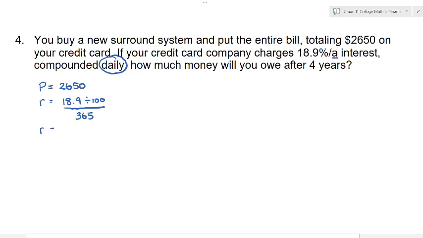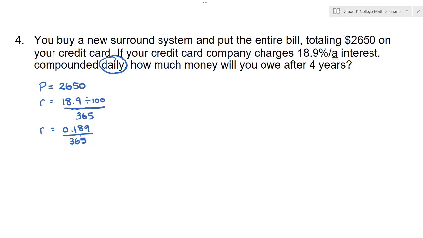Okay, so I would say R is equal to 0.189 over 365. I'm better off leaving this as this fraction, because that way my answer will be exact. If I type it on my calculator, I'm going to get all these decimals, and so then I'll have to round it and it won't be exact. So I'm better off just leaving it like this.